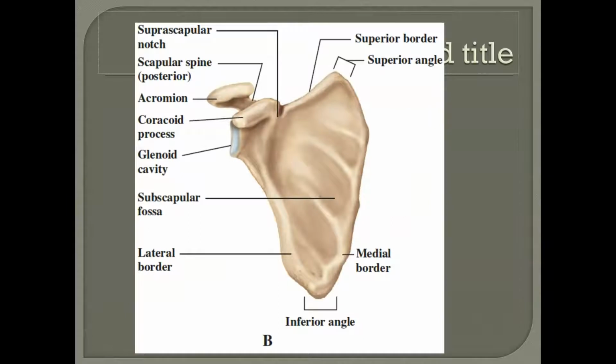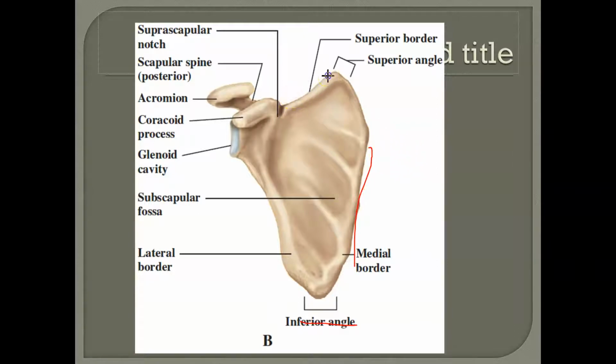Okay, here is a good picture of the scapula. We've got the inferior angle of the scapula, the medial border. This medial border will attach the rhomboids that go to the vertebrae or the spinous process.